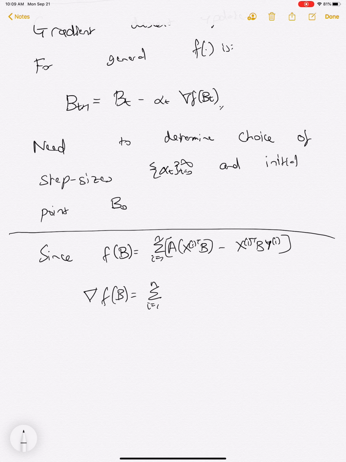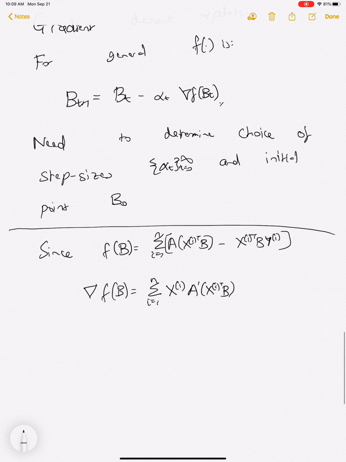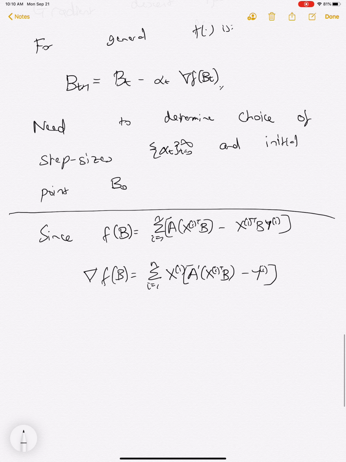So when you take the gradient, it should be p-dimensional, and indeed that's the case because the x_i's get pulled out, and then when you use the chain rule, you're just going to get the derivative, A prime of x_i transpose beta, and then you're just going to get minus y_i because the x_i gets pulled out of both terms, and the b, when you've got a linear objective, that linear term just disappears.